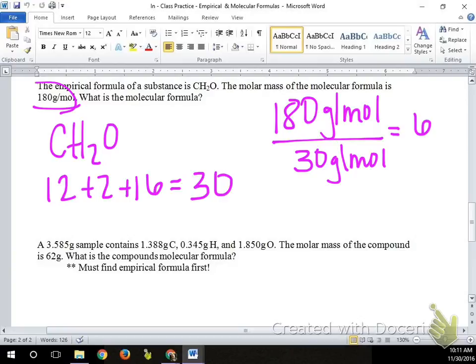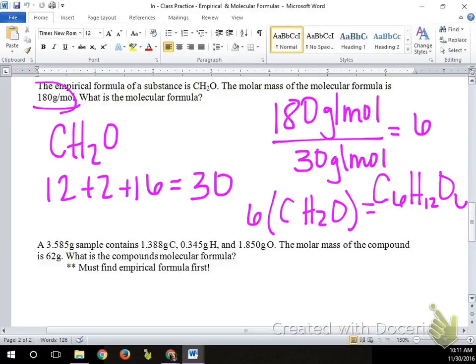So we increased this molecule 6 times over, which means we're going to take that 6 and distribute it to this compound, CH2O, which gives us a molecular formula of C6H12O6. We still see our ratios as 1 to 2 to 1, so the ratio of those elements did not change.